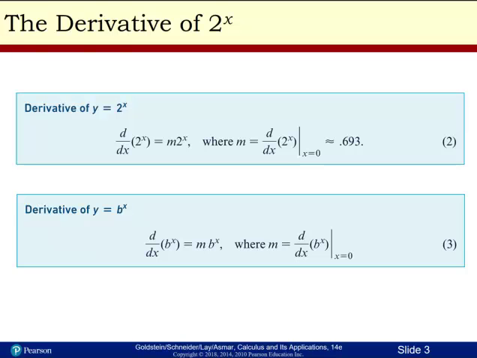So if we want to know the derivative of y equals any base raised to the x, that's just going to be m times b raised to the x, where m is the derivative of b to the x at x equals 0.